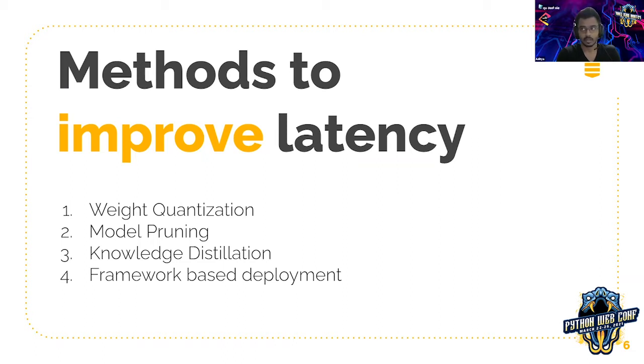You use that data set to calibrate the weights of the model, and that is done after training, during the deployment phase. Another method is quantization aware training. In that, you set up a training pipeline where you force the models to learn the weights in int 8.